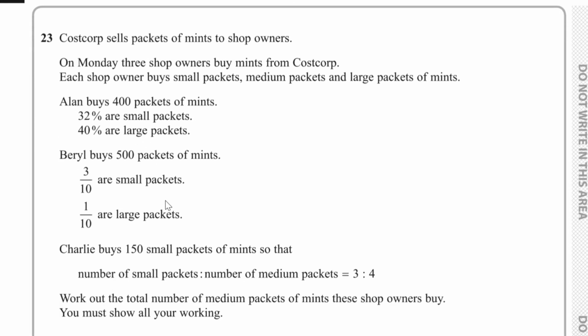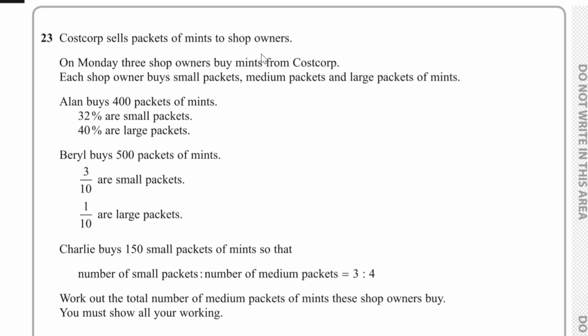Question 23. Costcorp sells packets of mints to shop owners. On Monday, 3 shop owners buy mints from Costcorp. Each shop owner buys small packets, medium packets, and large packets of mints. Alan buys 400 packets of mints. 32% are small packets, 40% are large packets.